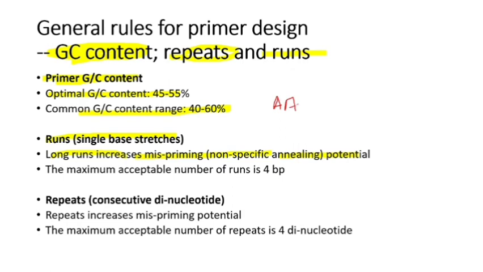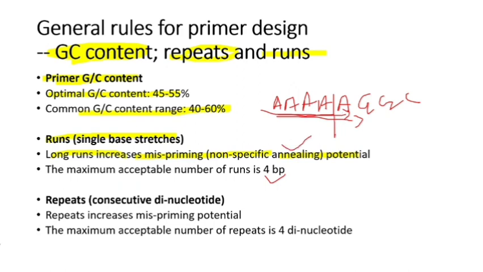If the primer contains long single nucleotide base structures, it increases non-specific annealing. The maximum acceptable run will be 4 base pairs. Four single bases in a row can come; after that, it can lead to non-specific annealing.